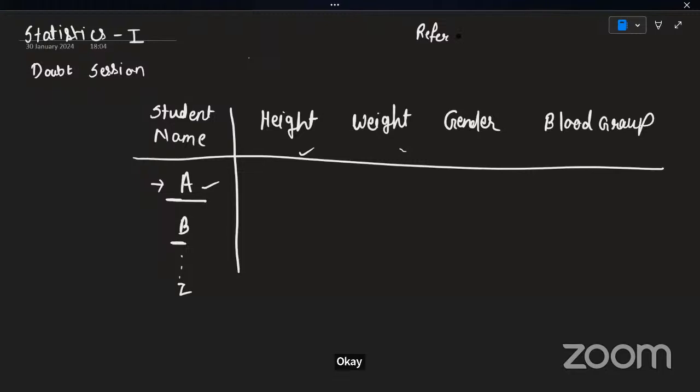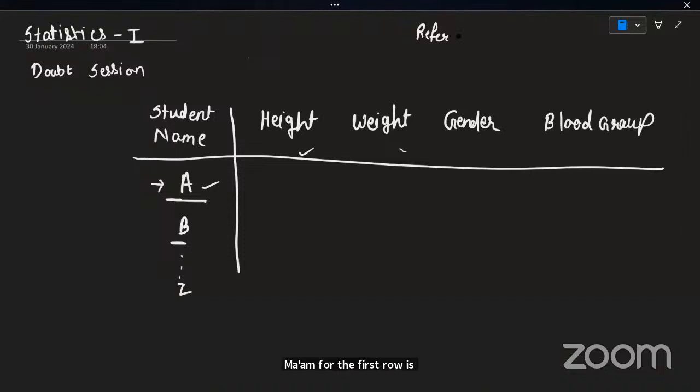Ma'am, cases are those for which the data are collected. Yeah, cases or units are those for which you are collecting the data. So what is the case here? A will be the case for the first row and B for the second row.